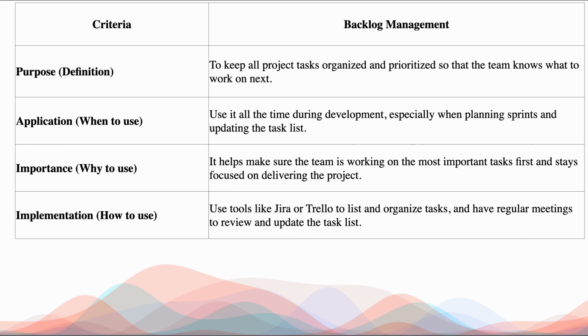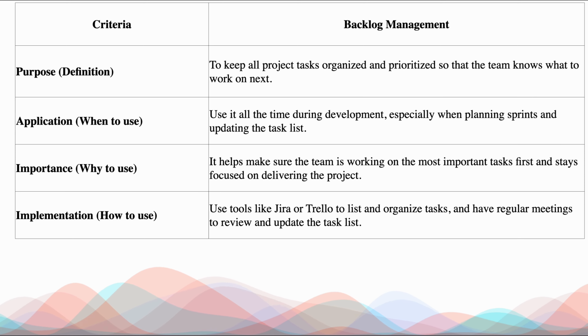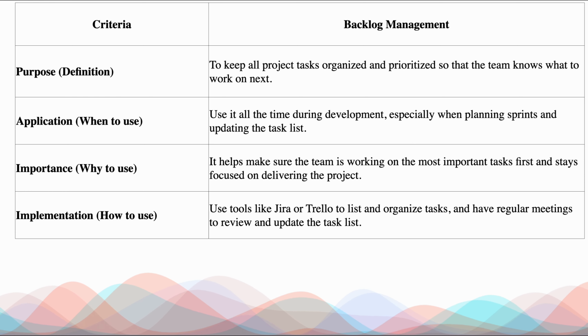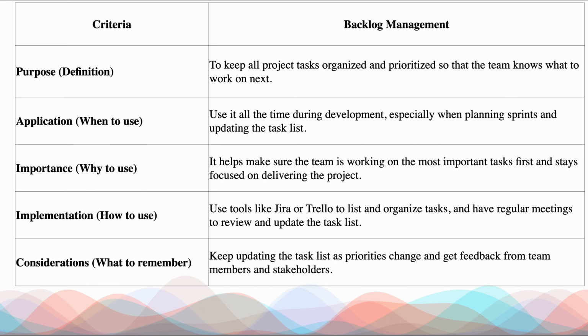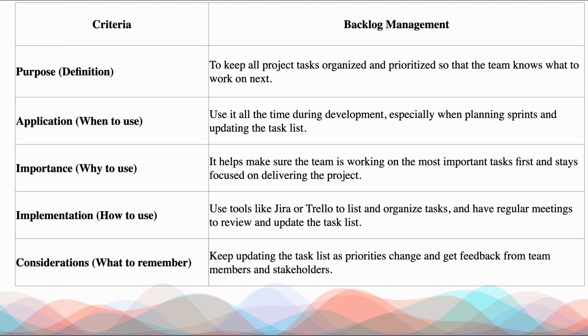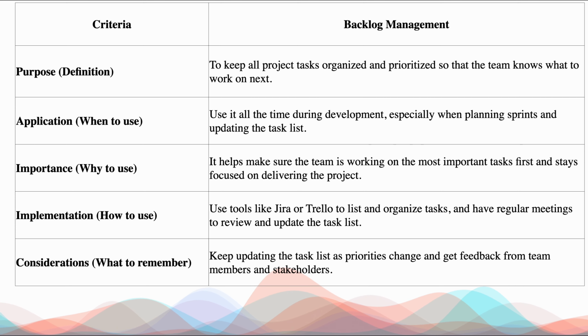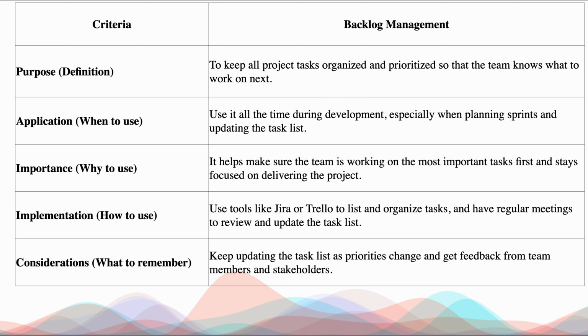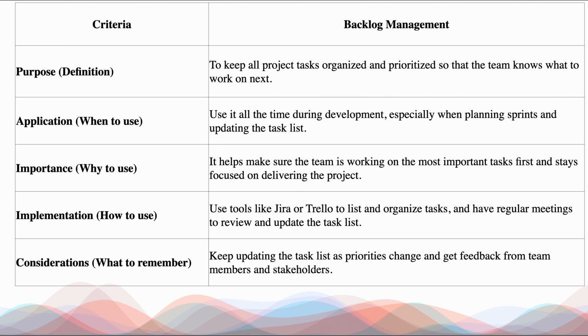How do we use that? We use Jira, Trello, all this we just mentioned, because those are meant to be used for project management. What to remember, this might be very interesting here, because the priorities and the feedback you get from the stakeholders vary. The changes and the feedback you get from the members and the stakeholders vary the priorities.